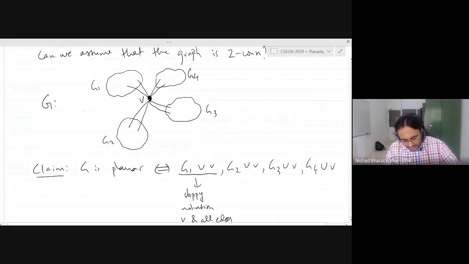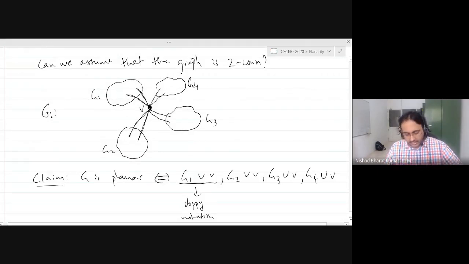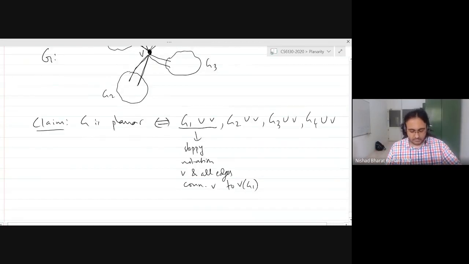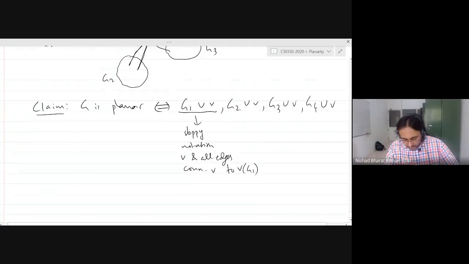So I'm saying that you take this graph with the edges joining vertex V. You take this second graph with the edges joining V. And all of these graphs, if they are all planar, then the whole graph will be planar. They are all planar.